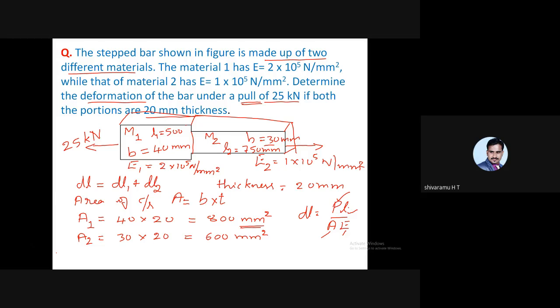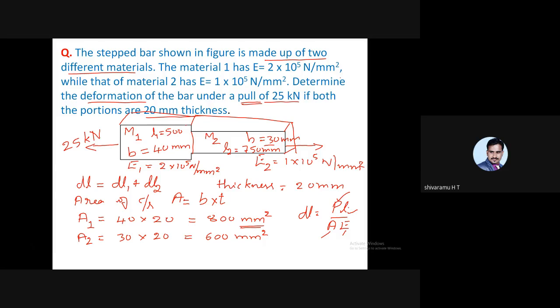The given question was: the stepped bar shown in the figure is made of two different materials. Young's modulus of material 1 was known and material 2 also given. It asks to determine the deformation of the bar under a pull of 25 kilonewton if both portions are 20 millimeter thick.